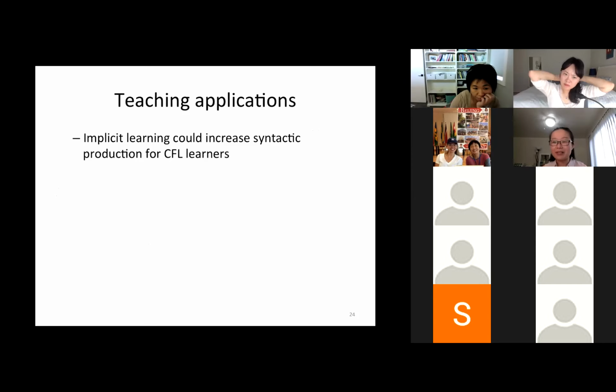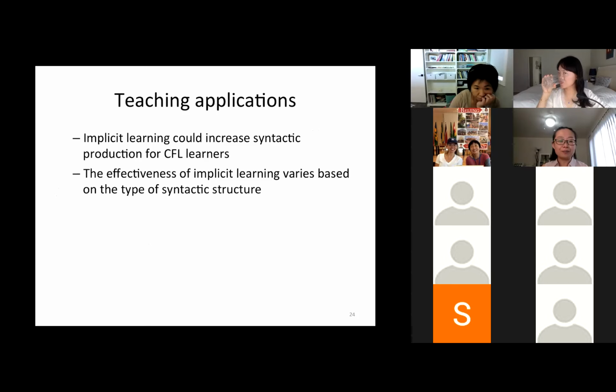This is a memory task, but they also showed structural priming. The second is that the effectiveness of implicit learning varies based on the type of syntactic structure, like PO and DO.